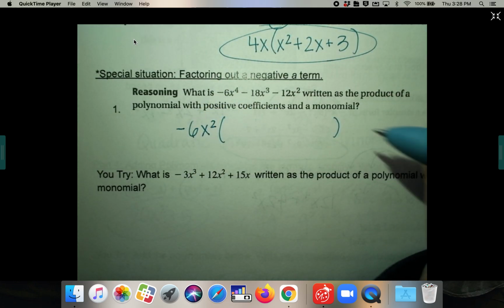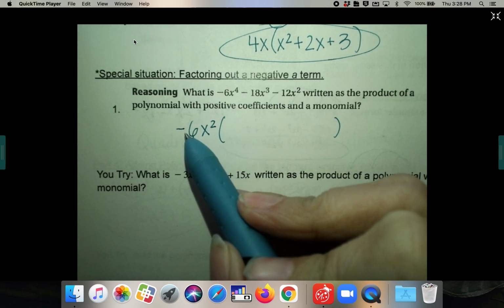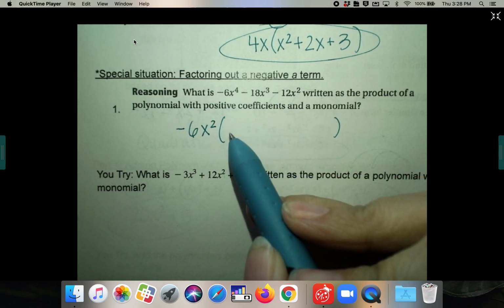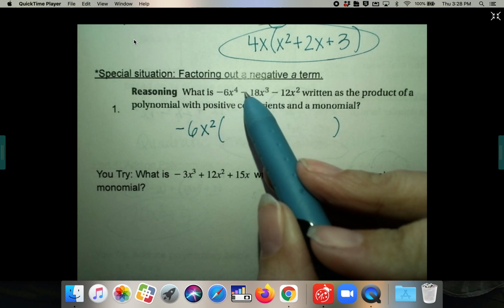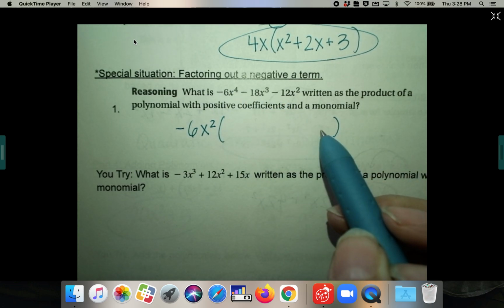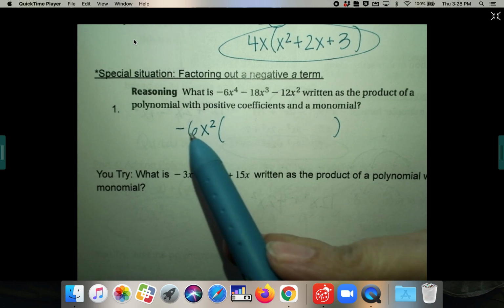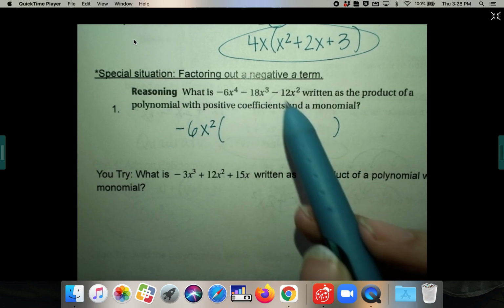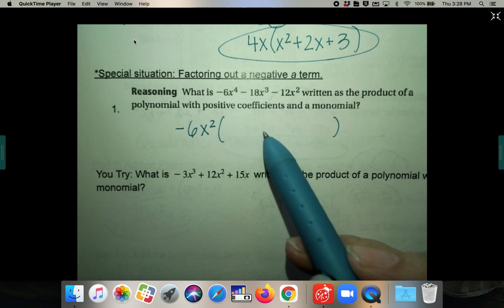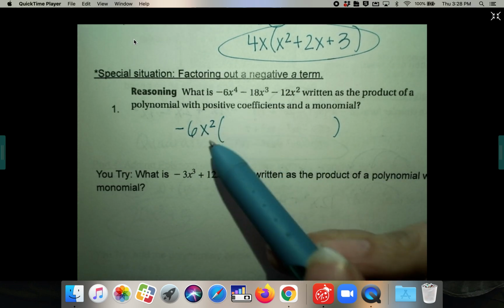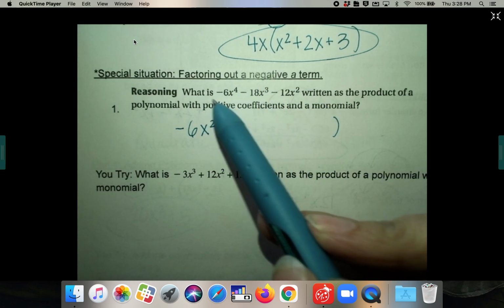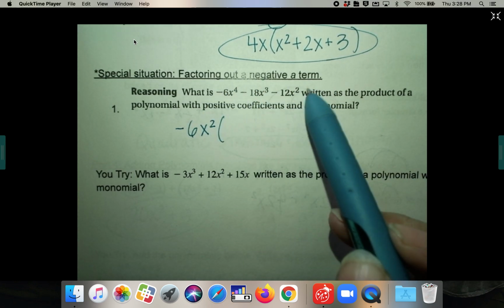When you distribute the rest, negative times positive is going to give us this negative answer. So all three of the terms in here that were negative are now going to become positive, because if I distributed it, it would make it negative, which is what we need. So these are all going to be pluses in here now. If you don't believe me, after we get our answer, go back and distribute it and make sure this is the answer it comes out to be.